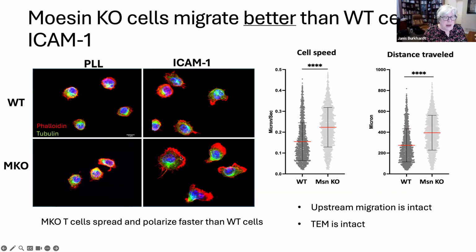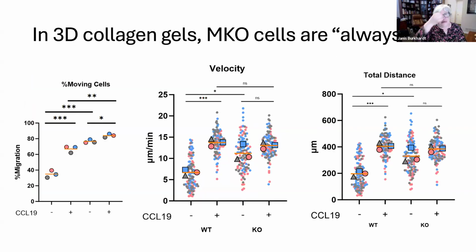But they certainly can make nice lamellipodial protrusions, and they spread a lot faster than the wild type cells. They also move at a faster rate, they cover more distance, and when we looked at these other things I told you about, upstream migration, transendothelial migration, all of that works just fine with these cells. So if anything, they're better than the wild type cells in these types of assays.